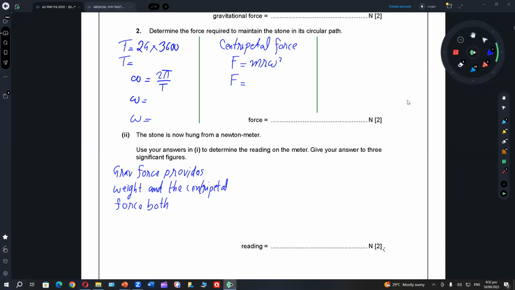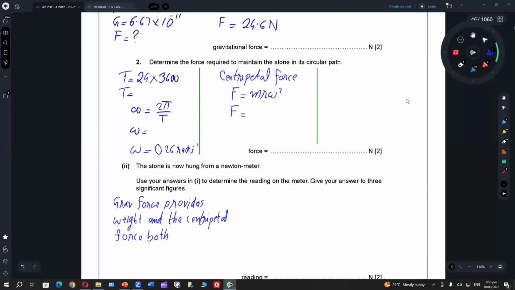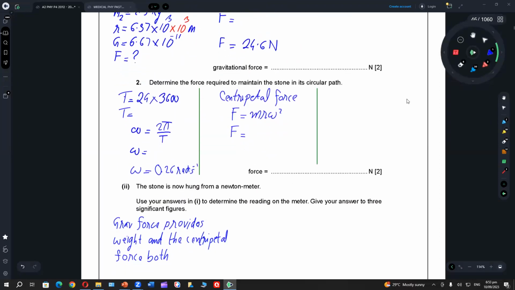Okay, 0.26, but the final answer is point... Okay, fine. 0.26 is omega. So if you put 0.26 there in the equation, the mass of the object is 2.5.